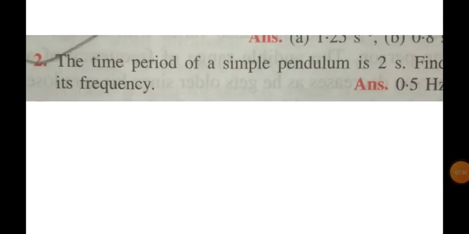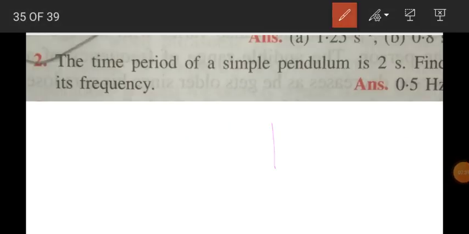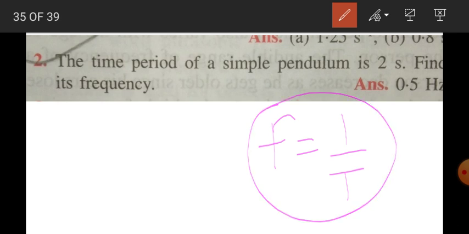This numerical is also related to this formula of frequency, number of vibrations per unit second, 1 by t. One vibration in one second, so frequency will be 1 hertz.